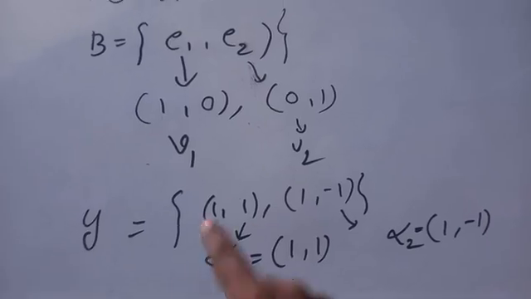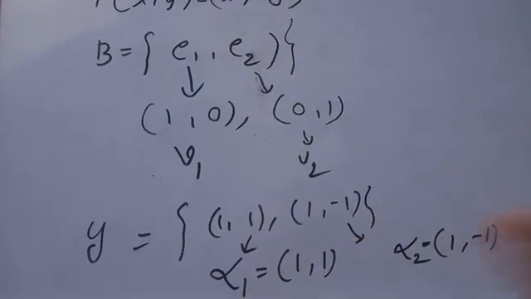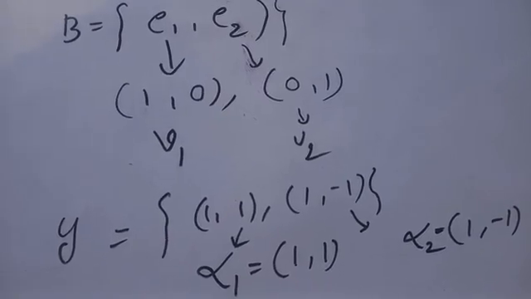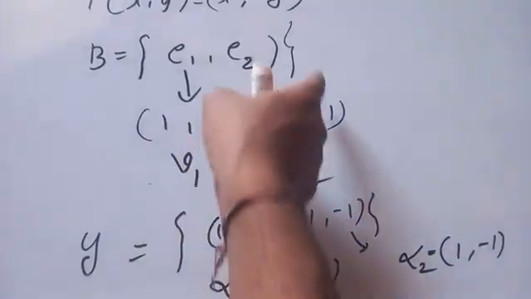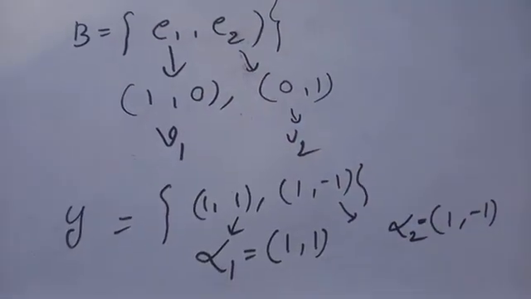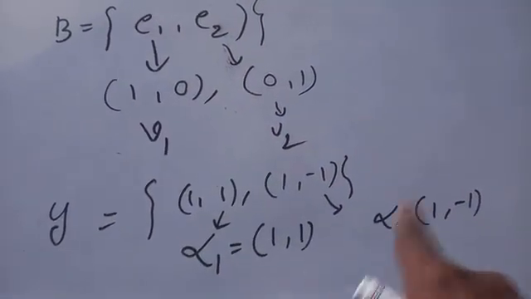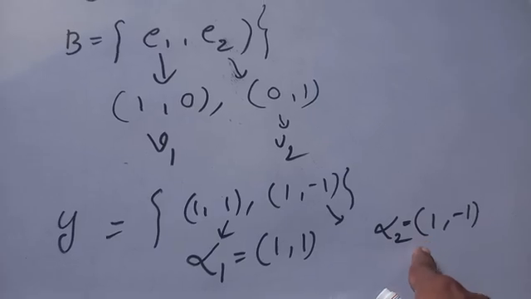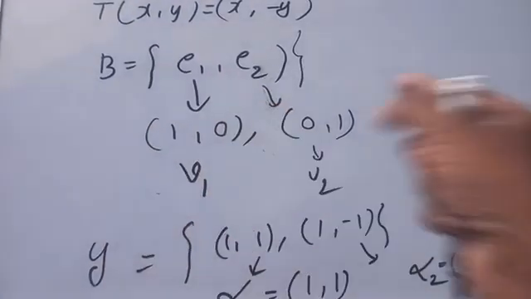Alpha 1 and alpha 2 are the linear combination of elements: alpha 1 equals (1, 1), alpha 2 equals (1, -1), v1 equals (1, 0), v2 equals (0, 1).